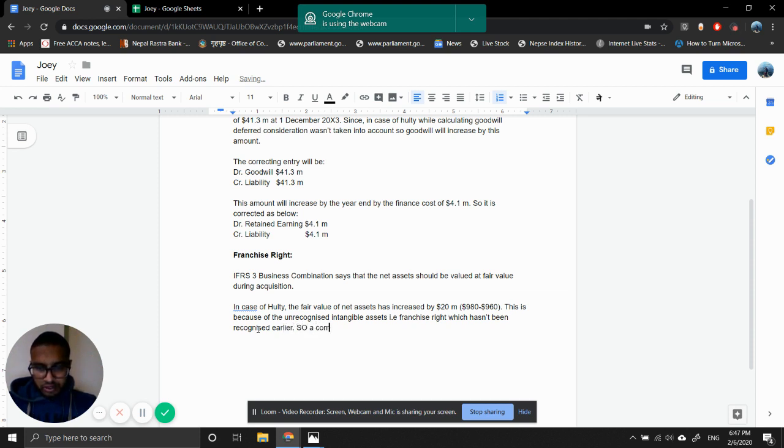So a correcting entry is required. Debit intangible assets $20 million, credit goodwill, right?